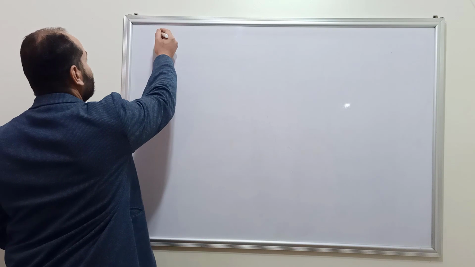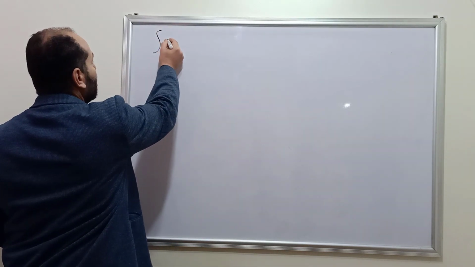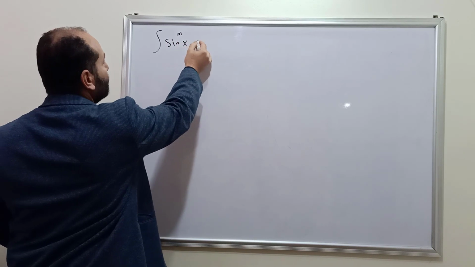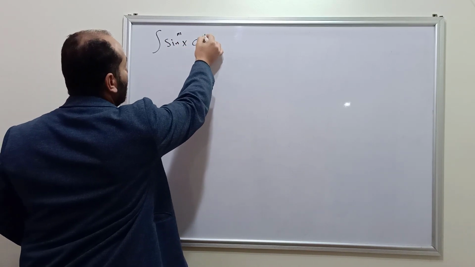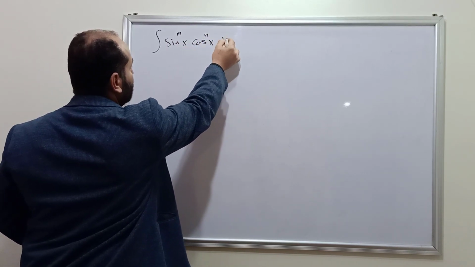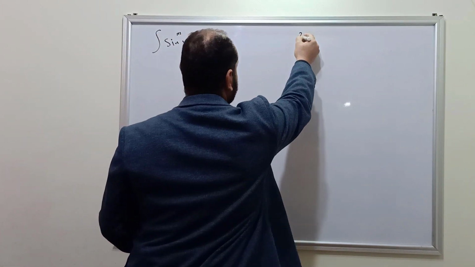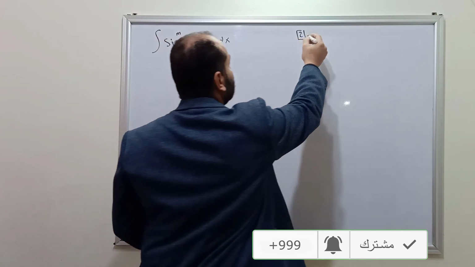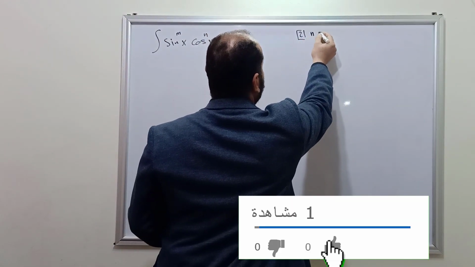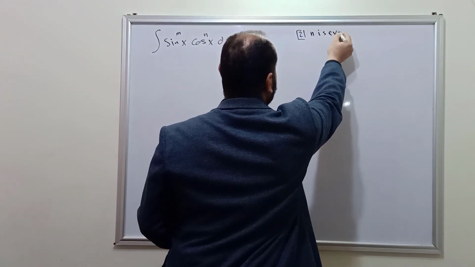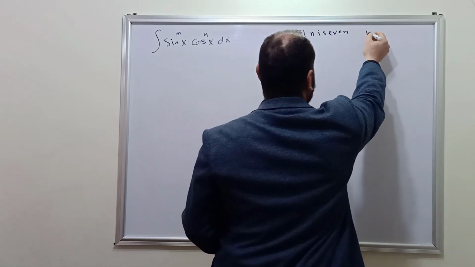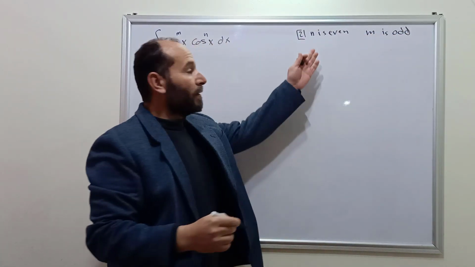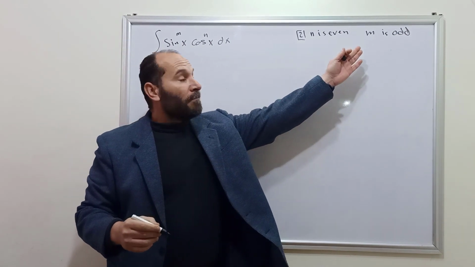Second case, for this integration sine power m x cosine power n x dx: when n is even and m is odd.